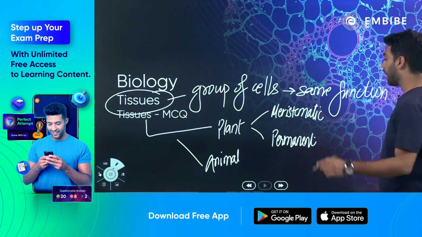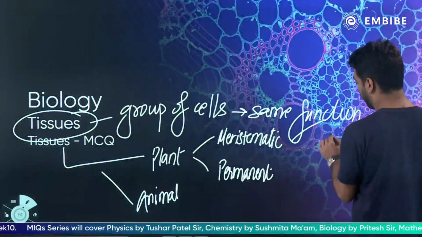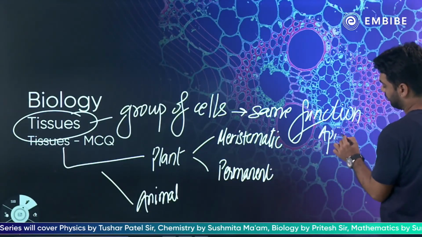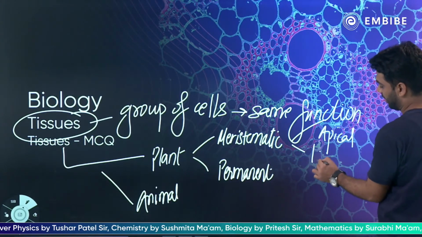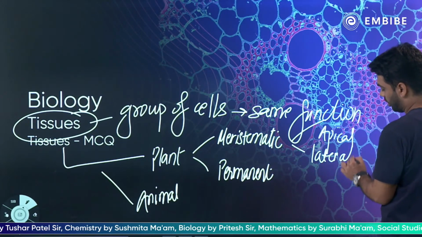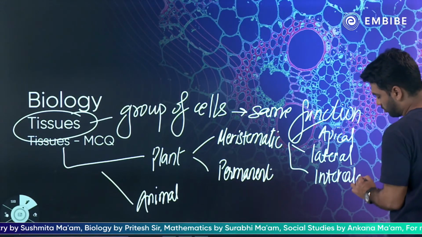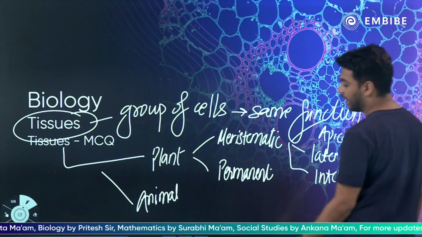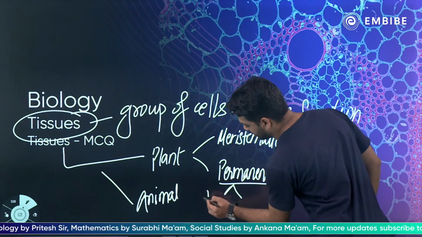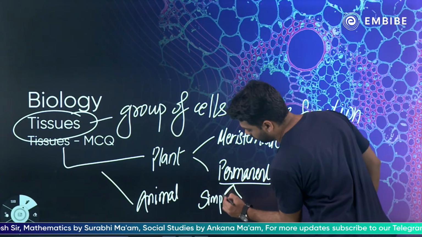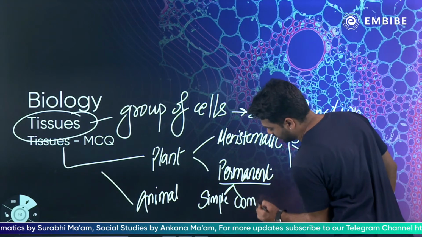ठीक है? Under meristematic tissues, you have got apical meristem, lateral meristem and intercalary meristem. And under permanent tissues, you have got simple and complex.